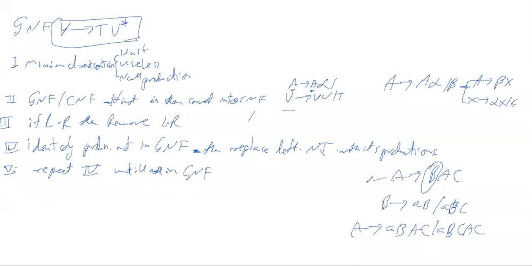So A implies BAC will be converted like A implies ABAC/ABCAC. Now you look into this production, everything starts with the terminals, with the remaining n number of non-terminals. So this is completely in GNF. That is the fourth step. And I repeat step number 5 continuously within the grammar until all the productions are in GNF.